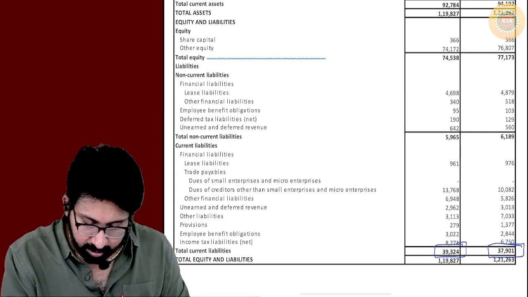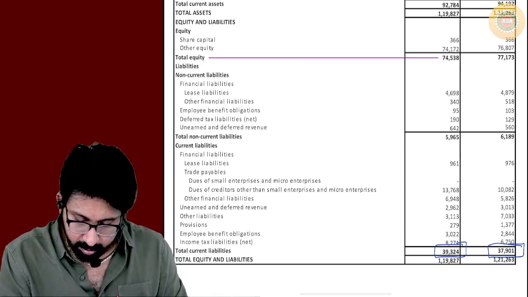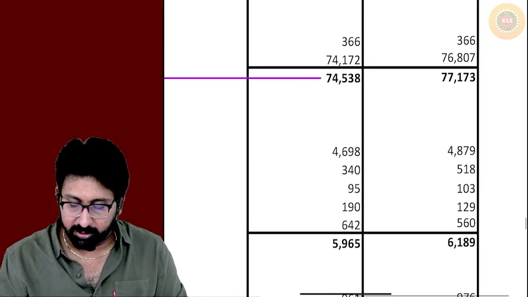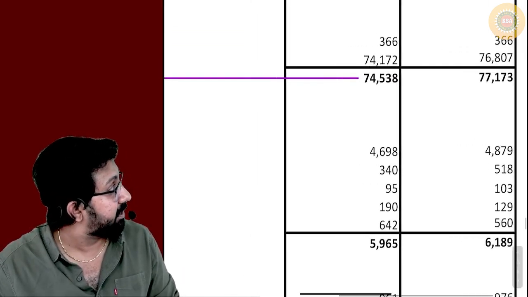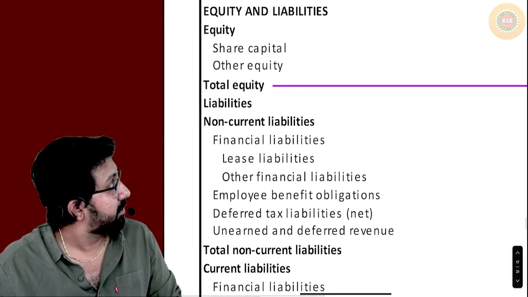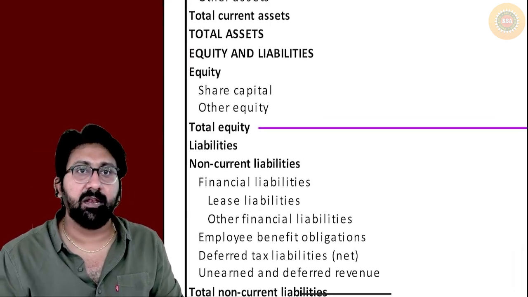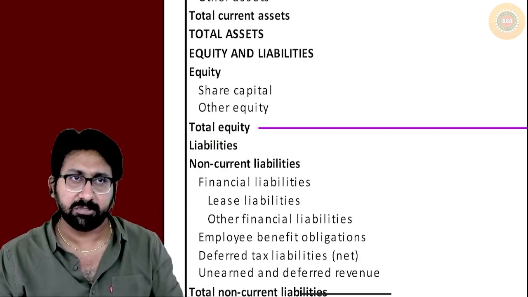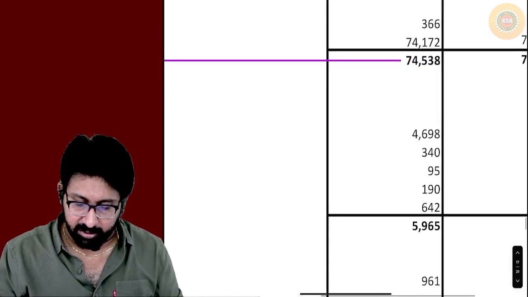They have given this amount, 74,538 and 77,173. Total equity: share capital and other equity. Other equity means reserves and surplus and all other reserves. Total equity they have already given.